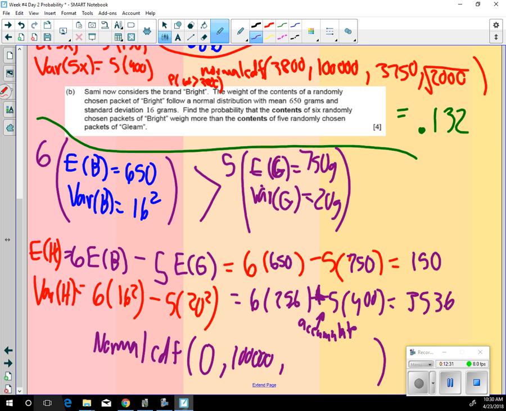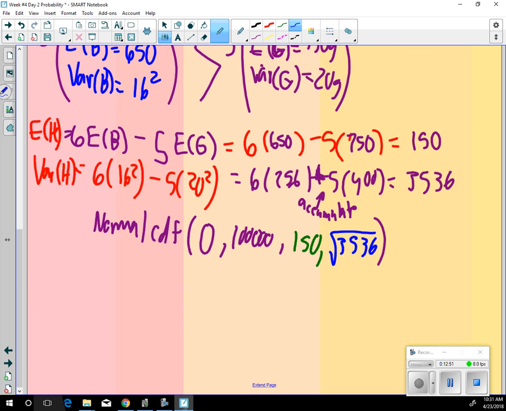So then when we write these down, 0, we want it to be greater than 0, 0 to infinity or 100,000. I think you put 150 here, but tell me what I put there. It's not 3536. What is it? Square root of that.